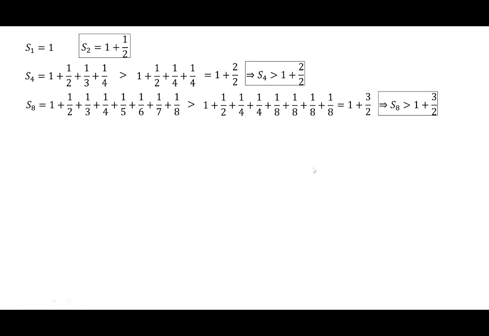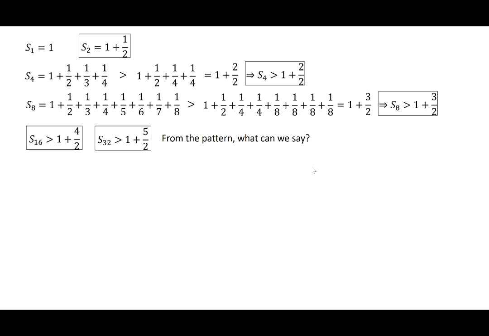Cool? All right. Now I can do the same thing and conclude that S sub 16 is greater than 1 plus 4/2. All right. Now, S sub 32 turns out to be greater than 1 plus 5/2. And now my question is, looking at the pattern of all the boxed things, especially start with this S sub 4.